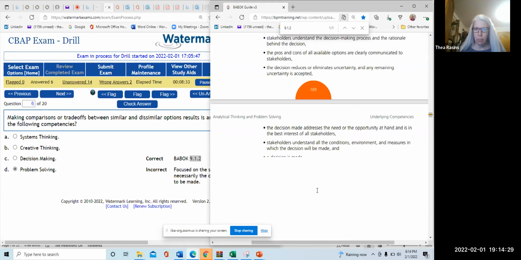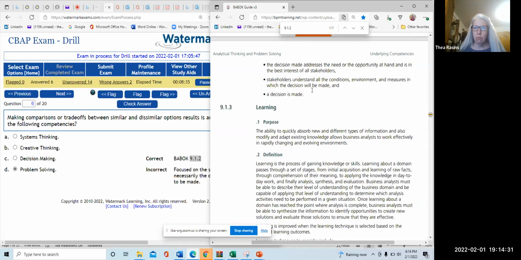Let's see if there's another page. The decision made addresses the needs of the opportunity at hand and is in the best interest of all stakeholders. Stakeholders understand all conditions, environment, and measures in which the decision will be made, and the decision is made, which is one of your measurements.